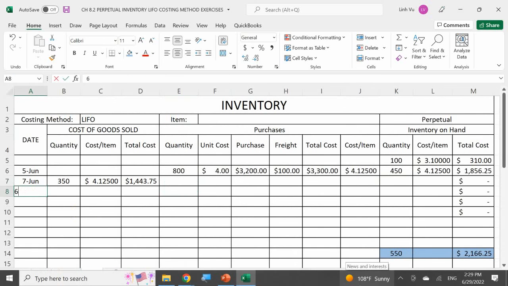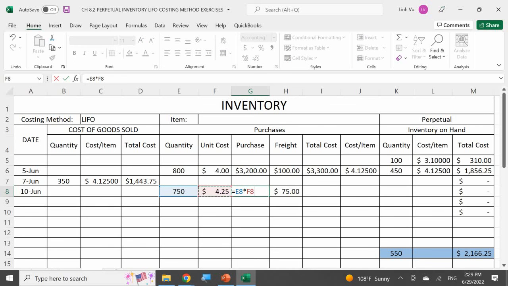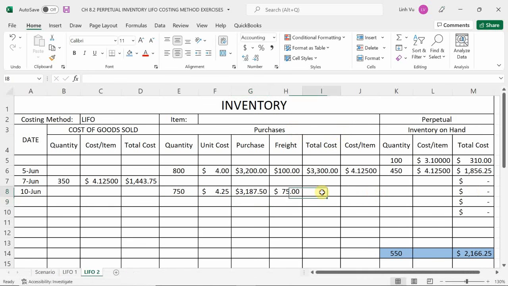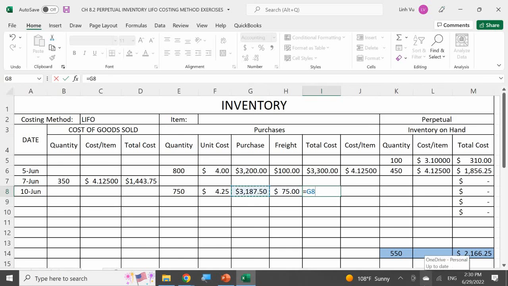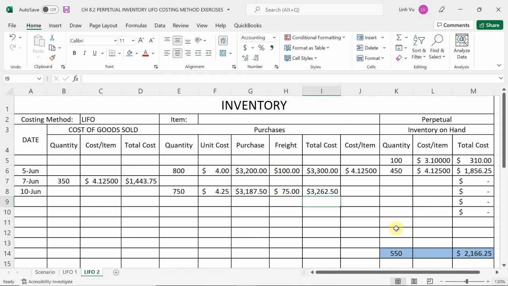So June 10, 750 units at $4.25 with a freight of 75. So purchase price here, 3,187.50, plus that 75, 3,262.50. Okay.